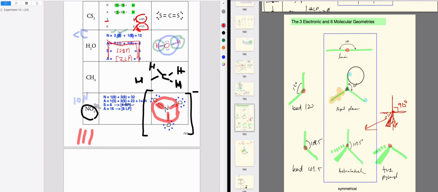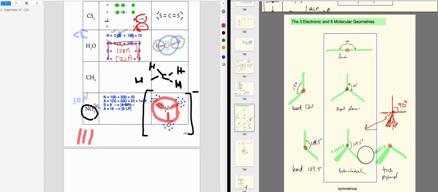What do you have? You're now back to your bent, but this time it's bent 120, and I've shown that out to the left. Okay, so does everybody see that what's out to the left, the shape, is the trigonal planar, where only 2 of those were atoms? Yes? Okay.